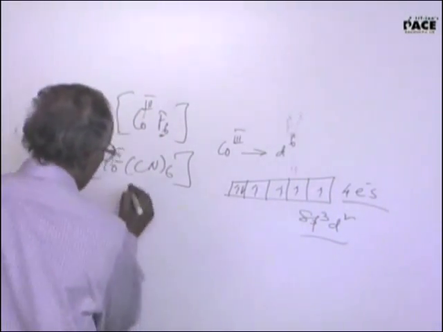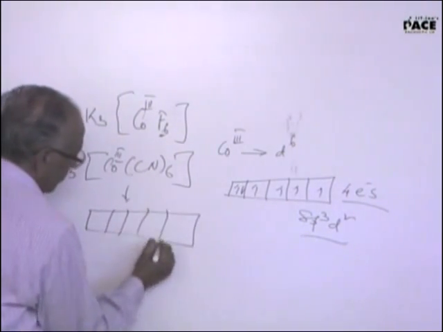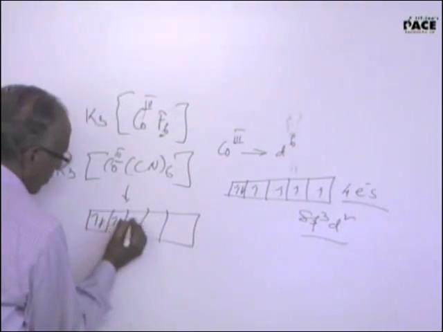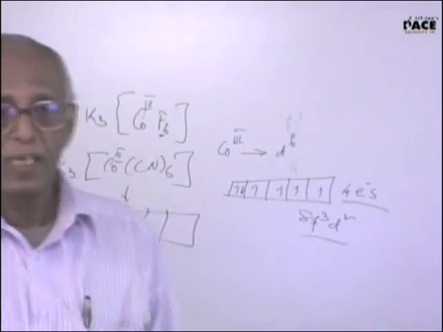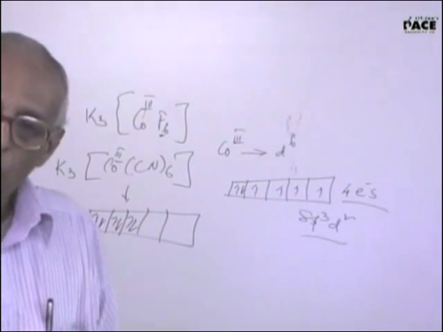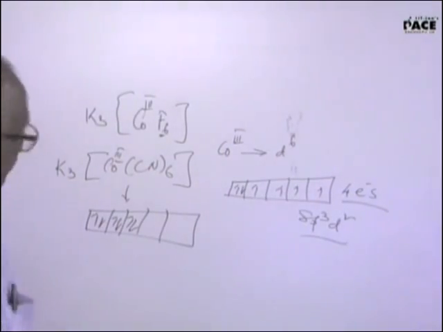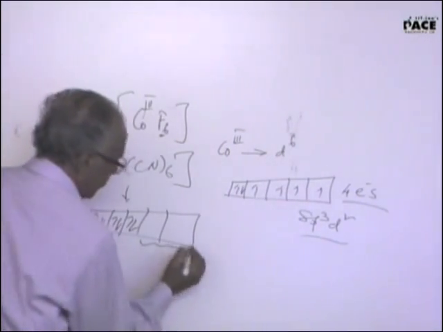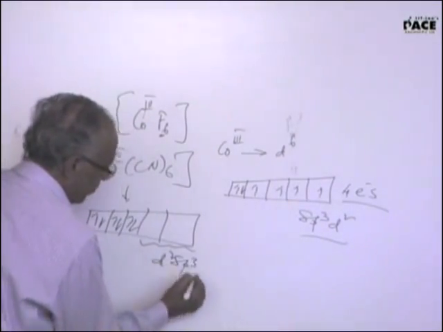But in this case, cyanide is a strong field ligand, so it can provide the pairing energy. So all 6 electrons will be paired in 3 orbitals. Now I have 2 vacant d orbitals. So in this case it will be d2sp3.